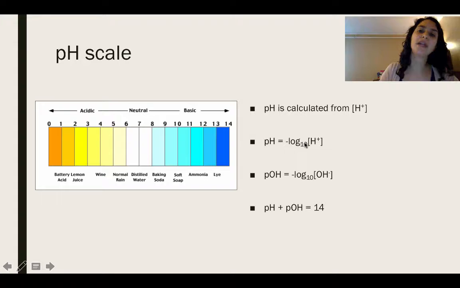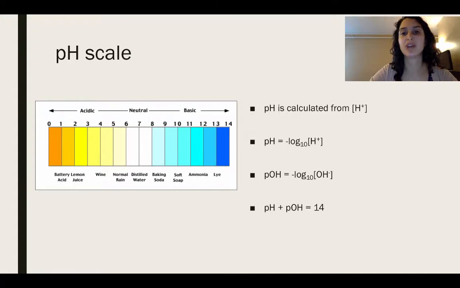With pH, we also have this other value known as pOH. It's the same basic equation, but it uses the concentration of the hydroxide ion. So it's a negative log base 10 of the hydroxide ion. If you look, this small p means to take the negative log base 10 of whatever comes after it.